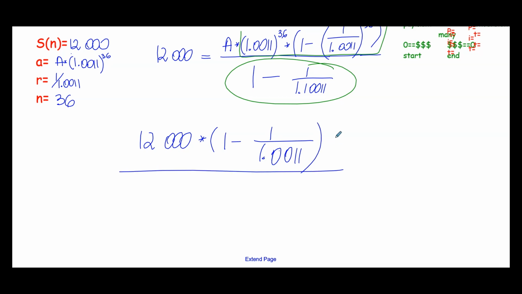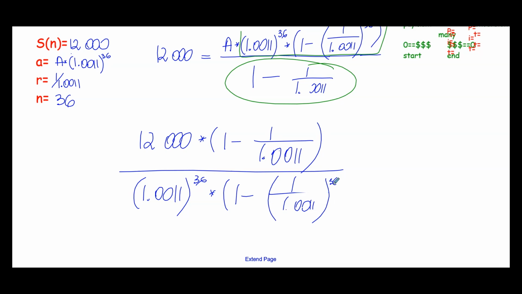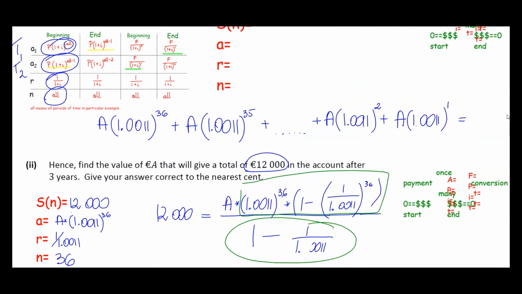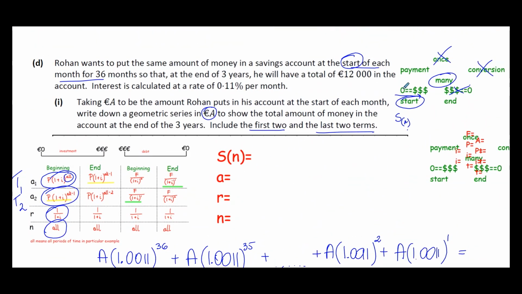And then divide by the value beside A, 1.0011 to the power of 36, and then multiply by 1 minus 1 over 1.0011 to the power of 36. And when we put that in the calculator, we do get our answer. So again, a very interesting example, different to the other ones, because here we have that situation where we go from not having money to having money.